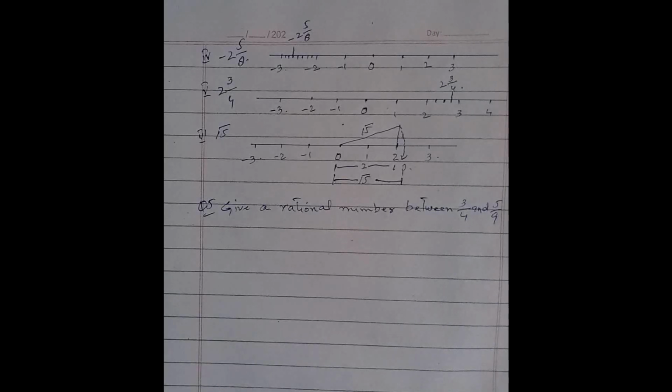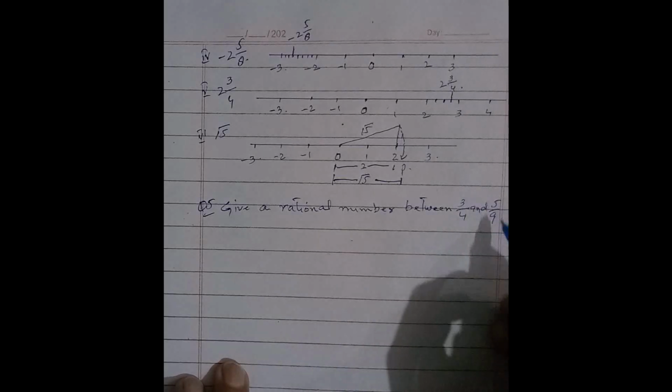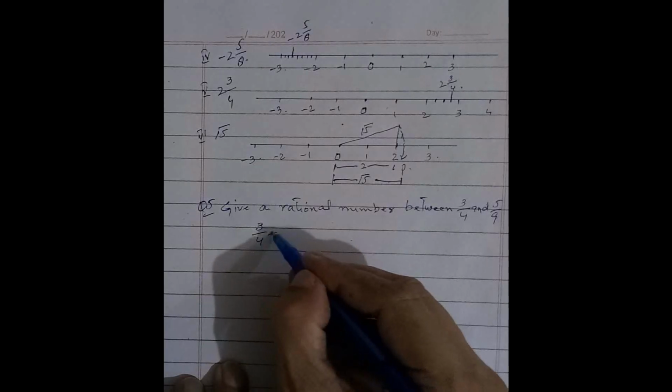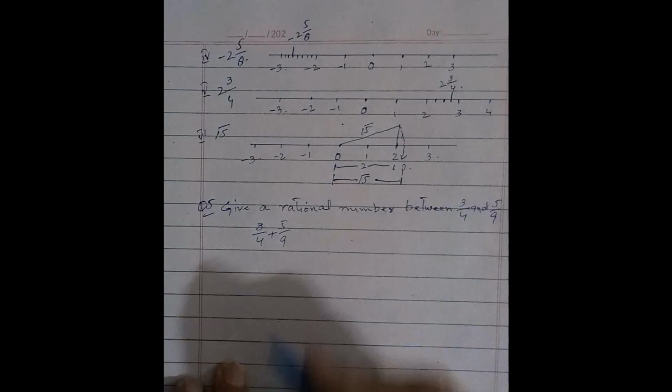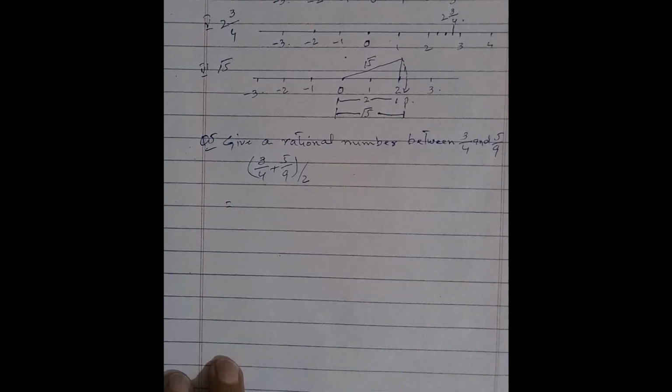And we solve it. The two rational numbers are 3 over 4 and 5 over 9. First we add them, 3 over 4 plus 5 over 9. And then we divide it by 2 to get the rational number between 3 over 4 and 5 over 9.